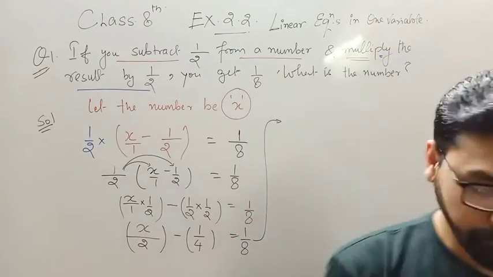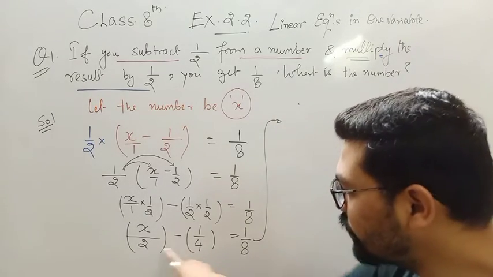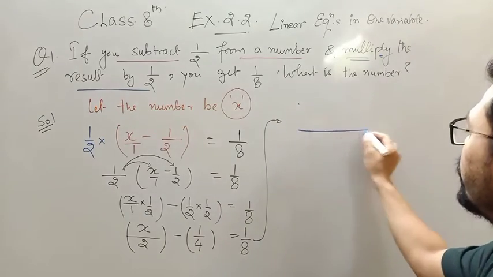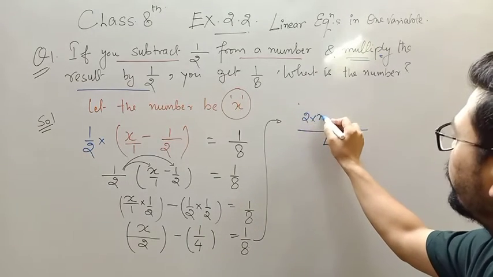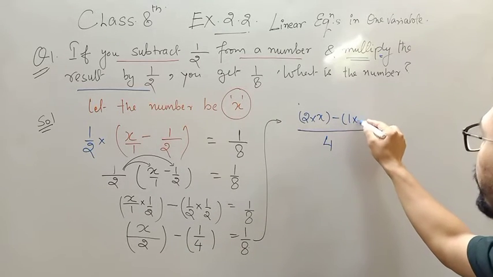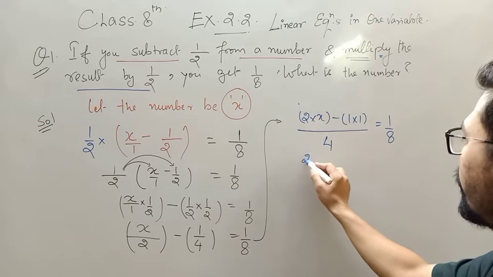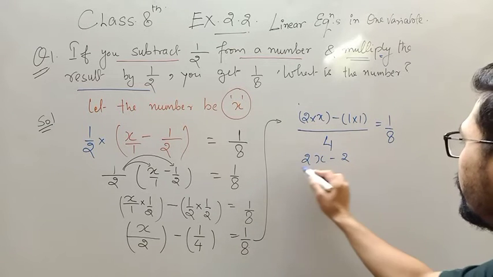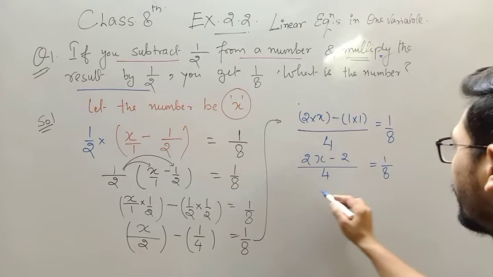Now what is the LCM of 2 and 4? The LCM of 2 and 4 will be 4. 2 2s are 4 into numerator x, minus 4 1s are 4 into numerator, is equal to 1 upon 8. So 2x minus 2 divided by 4 is equal to 1 upon 8.